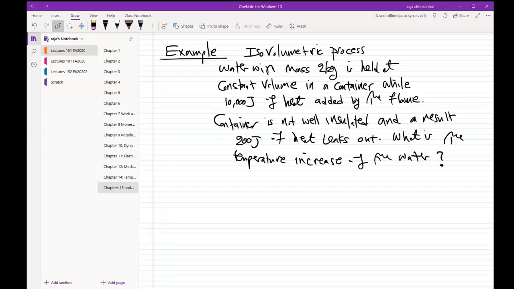But because it is isovolumetric, that means what? Delta V is 0. That immediately tells me work is 0, right? They're both related to each other. The first law of thermodynamics, delta U equals Q minus W. W is 0, so delta U is basically equal to the heat added to the system.